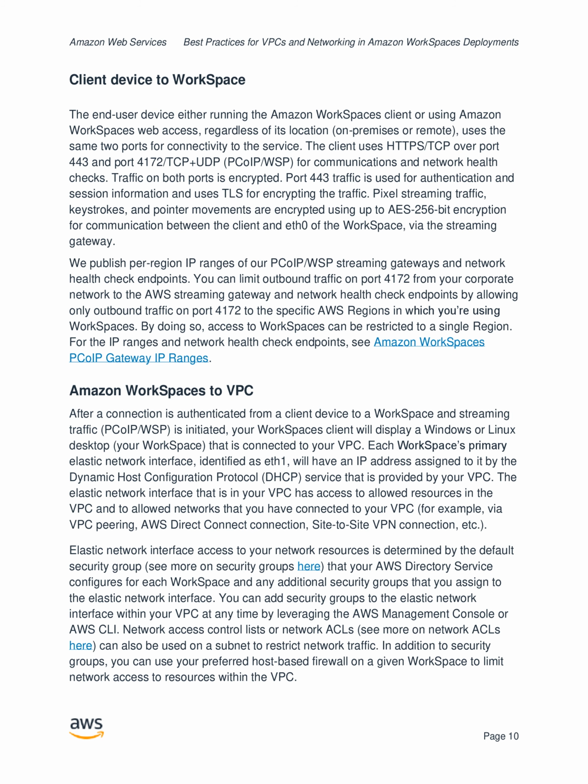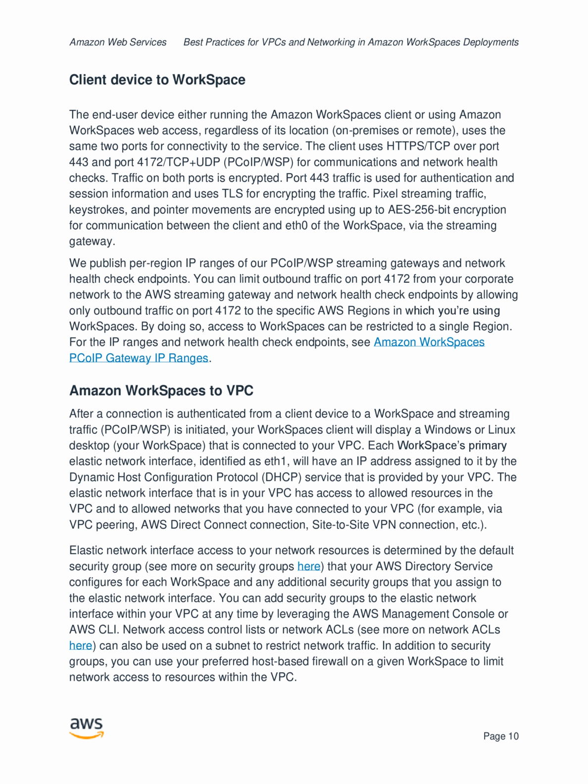Traffic on both ports is encrypted. Port 443 traffic is used for authentication and session information and uses TLS for encrypting the traffic. Pixel streaming traffic, keystrokes, and pointer movements are encrypted using up to AES 256-bit encryption for communication between the client and ETH0 of the workspace, via the streaming gateway.